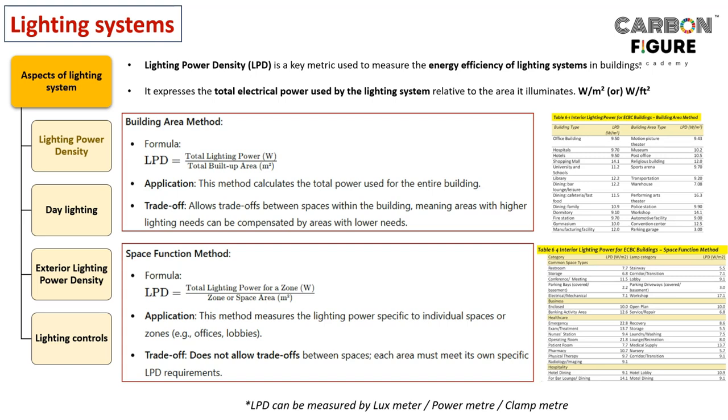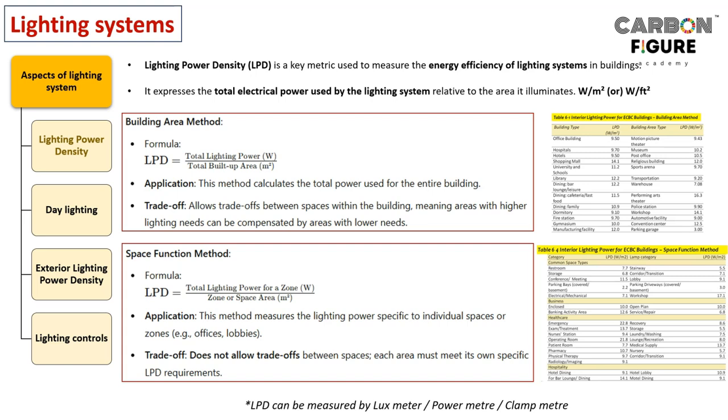In the right side table, we can understand building area method for different building types and building area types. So we have a cumulative lighting power density being provided, right?